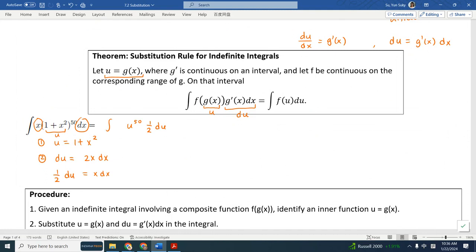Now I check. I change all the x in terms of u. In this process, make sure everything is in terms of u. You don't want to see a mixture of x and u in it. That's not allowed. We're still doing a single integral. Later in this course, we will do double integrals. A single integral represents the area under a curve. The double integral, you have 2 variables.